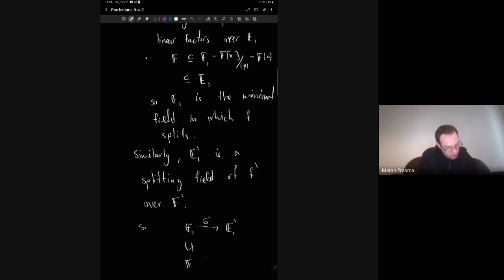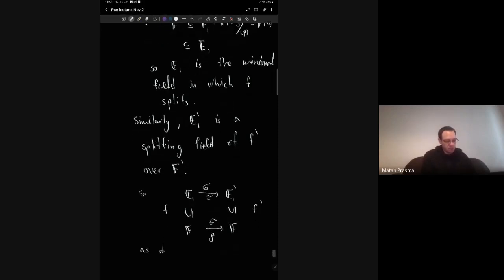They both contain F, and they are splitting fields with respect to f and f prime. And this sigma extends the original isomorphism. Okay, so this was probably one of the most involved proofs we saw. Any questions?